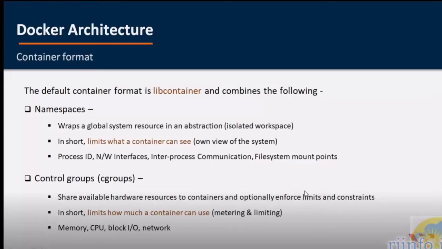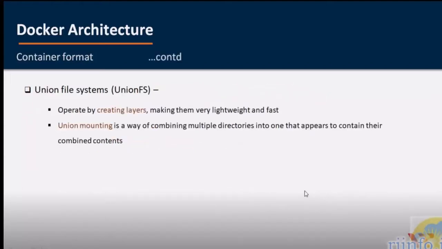Now last is union file system, which can also be called UnionFS. These are layered file systems, which makes them very lightweight and fast. You can also refer to them as stackable unified file systems. It allows files and directories to be transparently overlaid, forming a single logical file system.